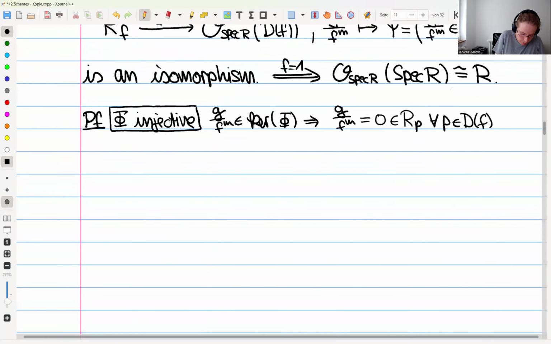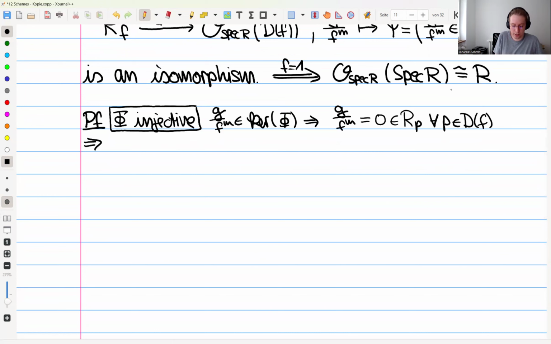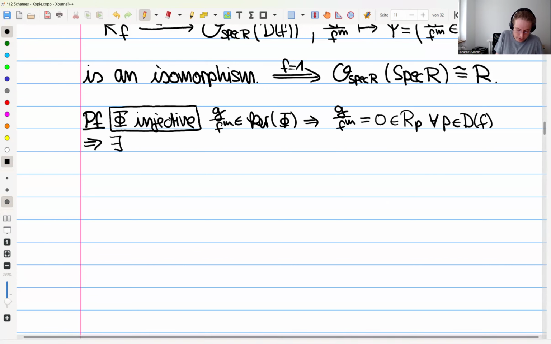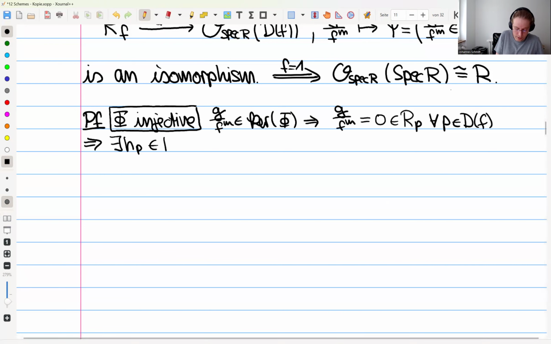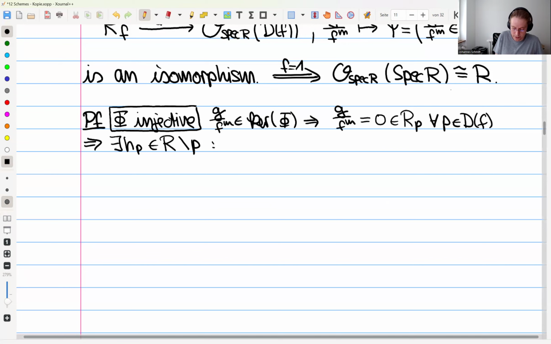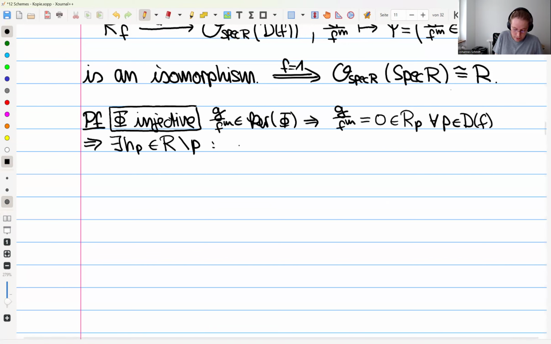By definition of R_P, what does it mean to be 0 in there? It means not necessarily that G is 0 in R, but that if we multiply by some element of the multiplicative set, then we can make it 0. So there exists H_P in R minus P, an element of the multiplicative set at which we localize, such that G times H_P is equal to 0 in R.